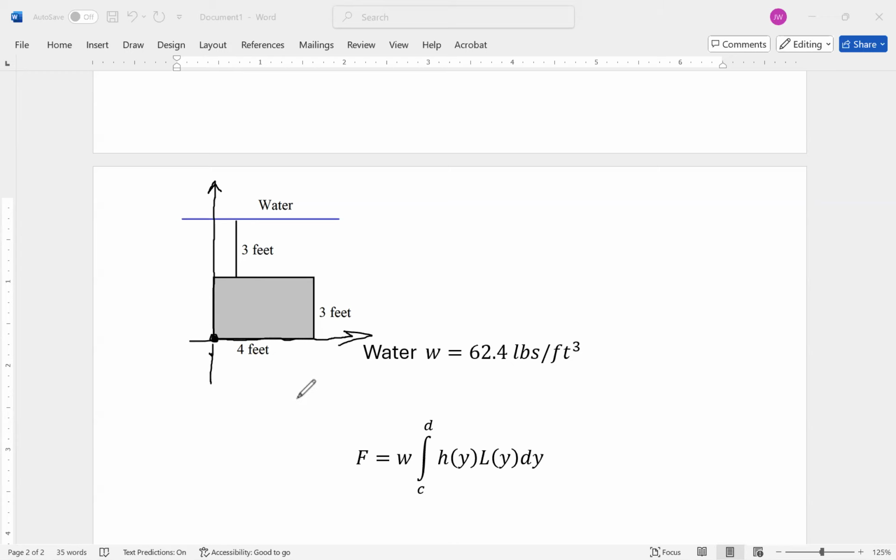Okay, there's a reason I'm doing that. Now, if I orient my rectangle the way I just did, then the vertical line on the right-hand side of the rectangle is the line x equals 4.